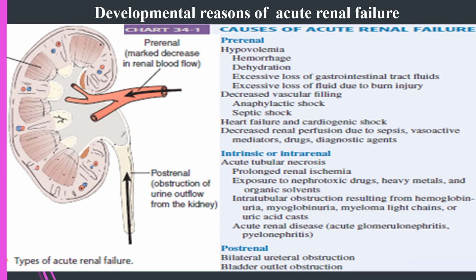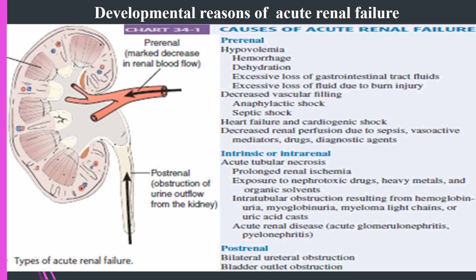And renal causes, for example, acute tubular necrosis, prolonged renal ischemia, exposure to nephrotoxic drugs, elements, heavy metals, and organic elements, and intratubular obstruction resulting from hemoglobinuria, myoglobinuria, myeloma, light chains, or uric acid.